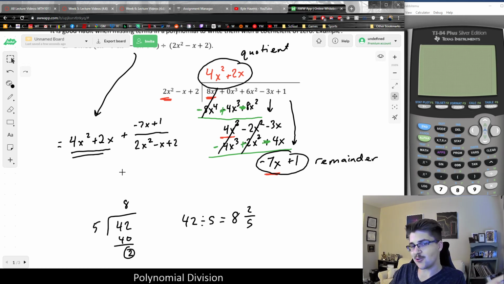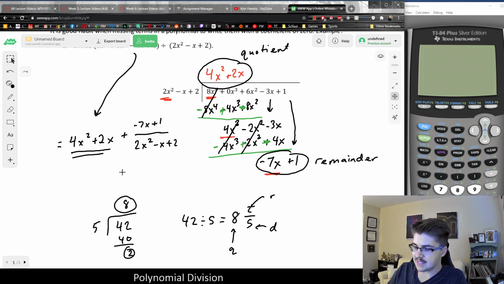But as I said, there is no such thing as decimals with polynomials. You can't make a polynomial decimal. You can have your coefficients be decimals, so I'm not trying to say you can't use decimals with polynomials, but there's no such thing as x point x or x.5, right? It just doesn't make sense. Anyways, but basically, again, we get the quotient, which is always the part that comes through, and then it's plus the remainder divided by the original denominator.